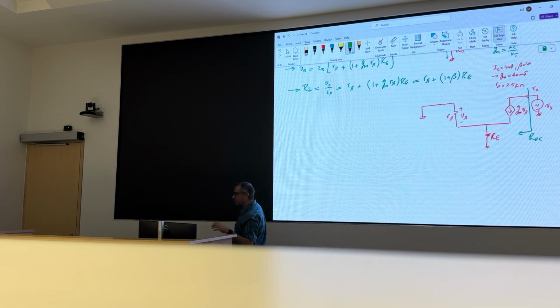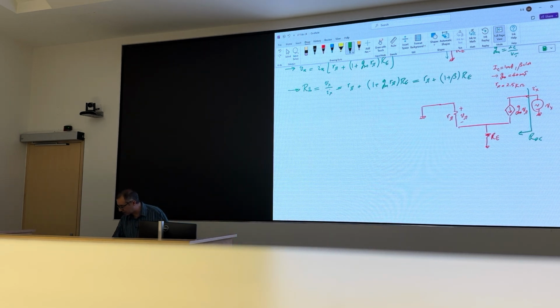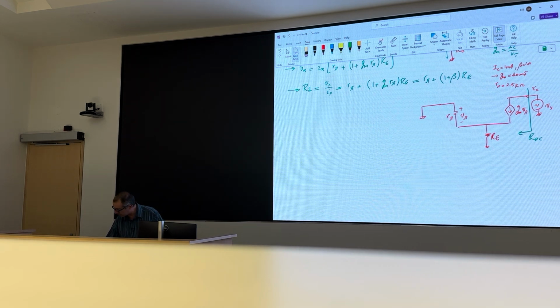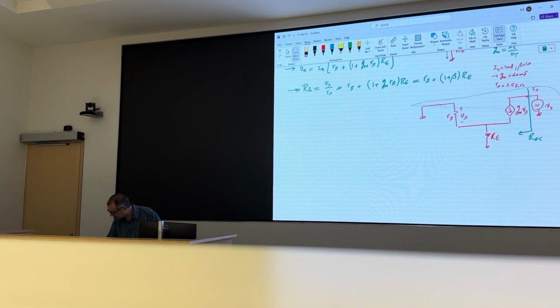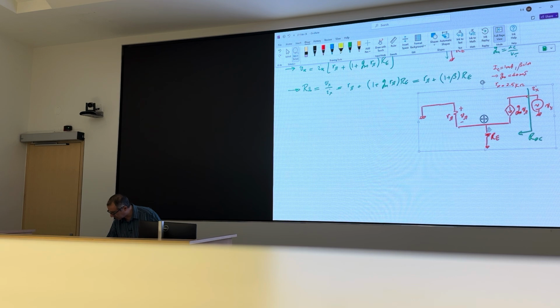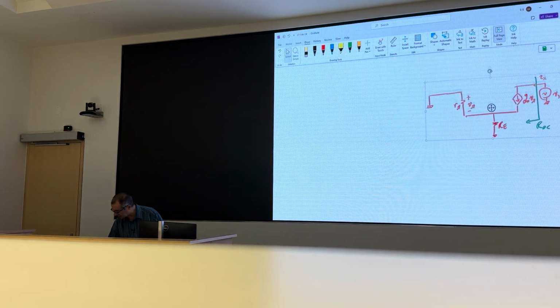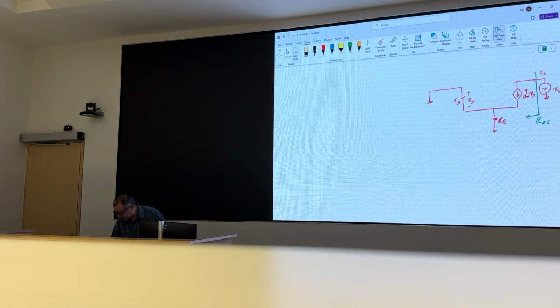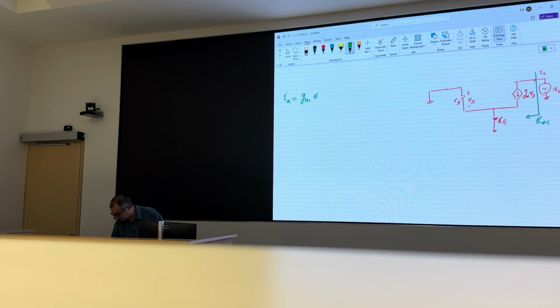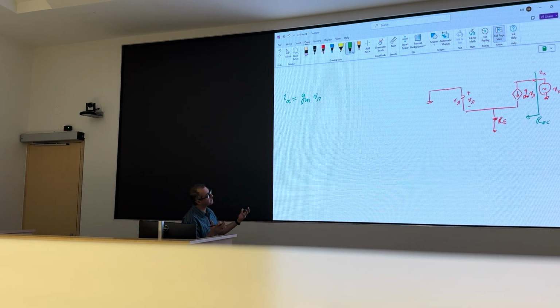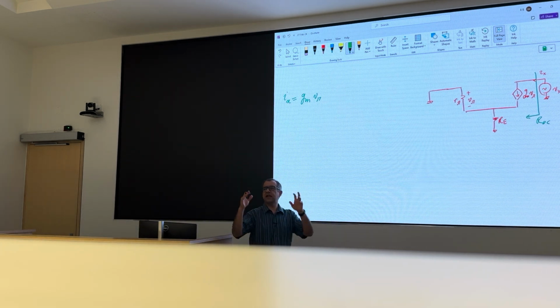If I'm asking for IX, I try to write an equation for IX as soon as I can. Right? Because then I can figure out what else is needed. So in this circuit, what I can see is that IX is equal to gm V pi, right?